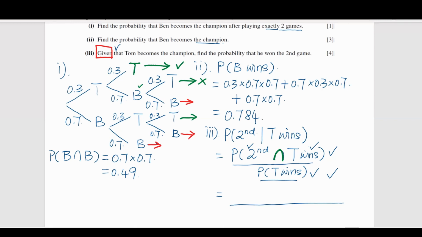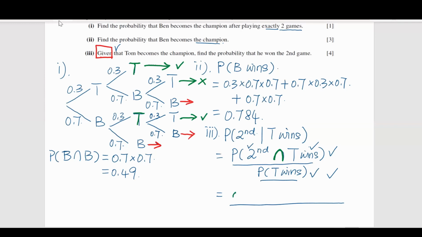Then the third outcome: Tom wins because he has 2 consecutive games won, and at the same time the second game is won by Tom. This is also an outcome that satisfies the numerator. Okay, so then we have found the probability for the numerator.